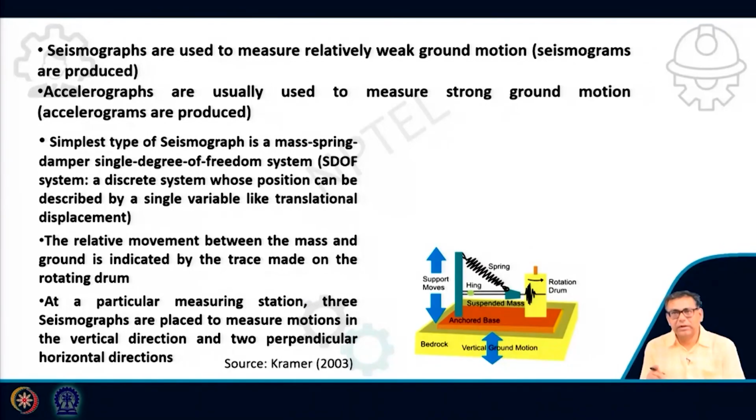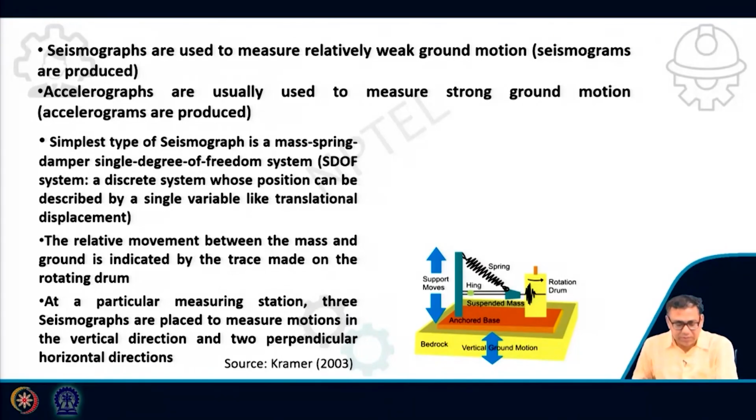Accelerographs are generally used to measure strong ground motion and they produce accelerograms. So seismographs are used for measurement of relatively weak ground motion and accelerographs are used to measure strong ground motion.